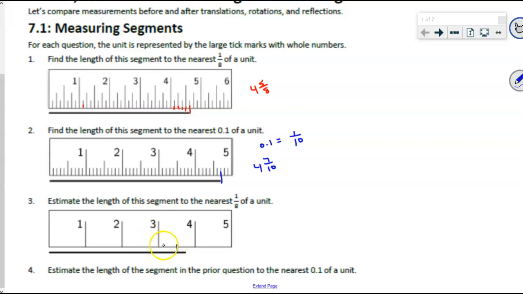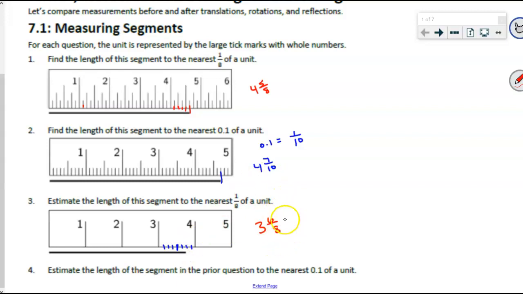So from this section to this section, I'm going to break that up into 4. 1, 2, 3, 4, and I'm going to break that up into 4 more. 5, 6, 7, and 8. So it looks like it is approximately 3 and 1, 2, 3, 4, 5, 6. So 3 and 6/8 of a unit.